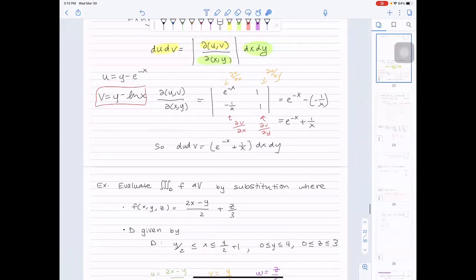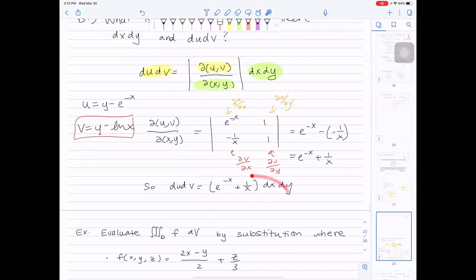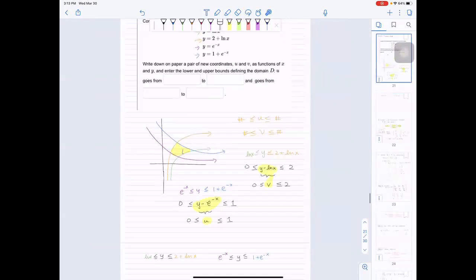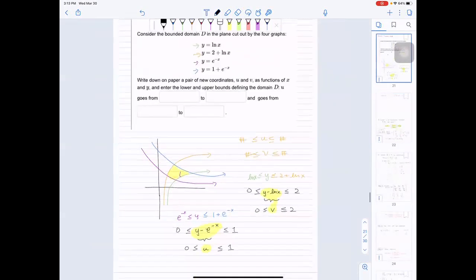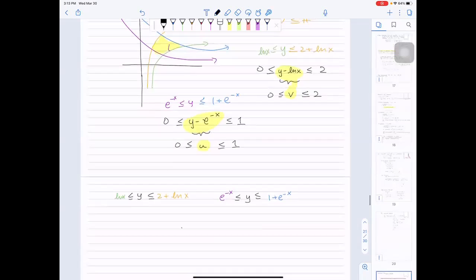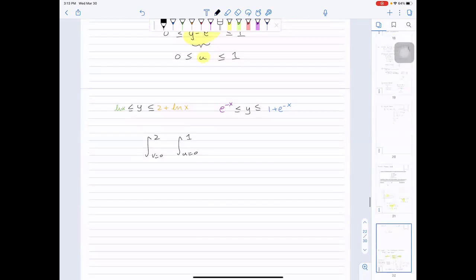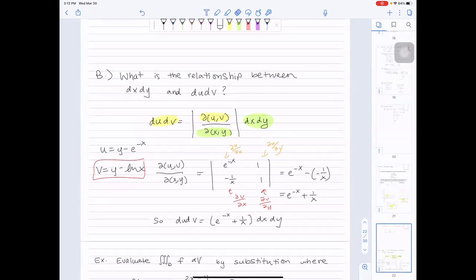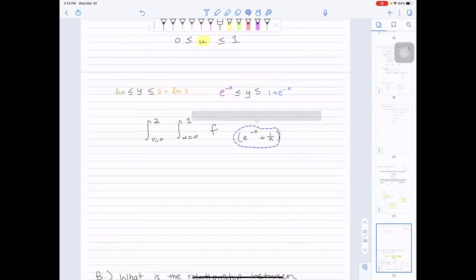Can you show the final integral? So you would integrate, your bound of some domain would be u equals 0 to 1, v equals 0 to 2, of whatever function you're given times what we found, so 1 over this, du dv.